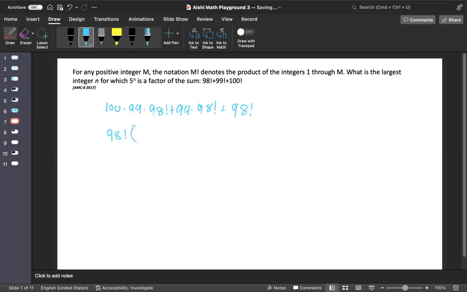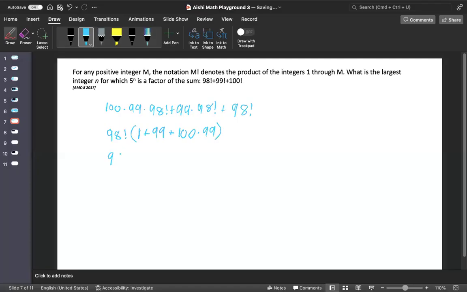So we're going to take 98 factorial out common, times 1 plus, for the 99 factorial, we have 99 because we're multiplying it by 99. Then we have plus 100 times 99.